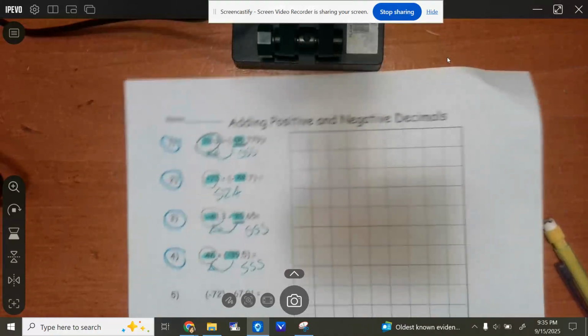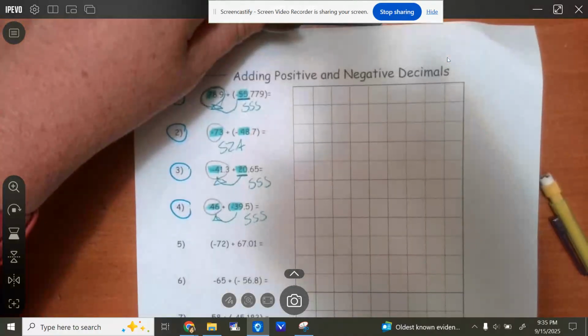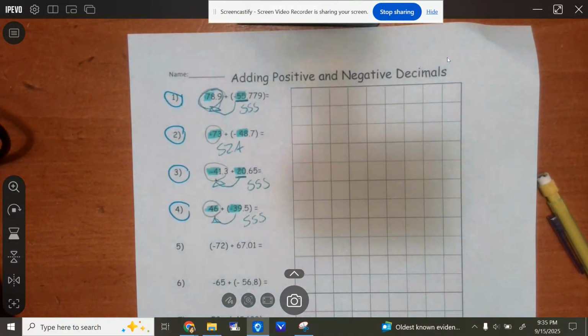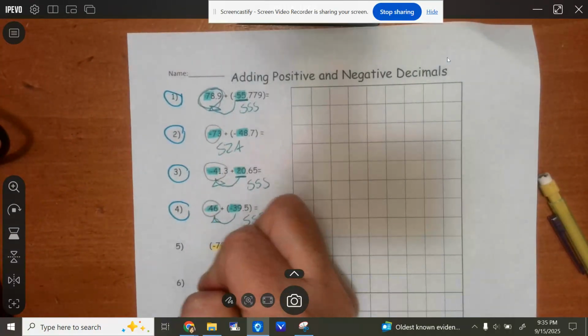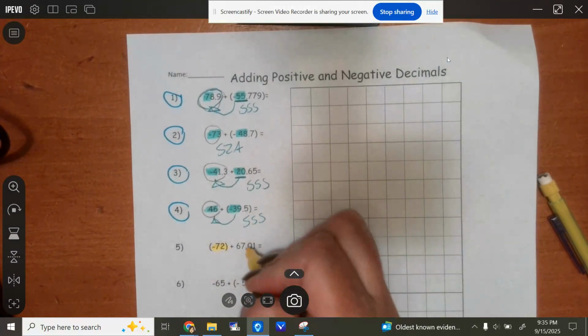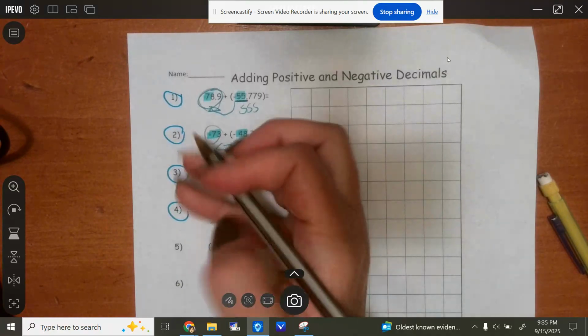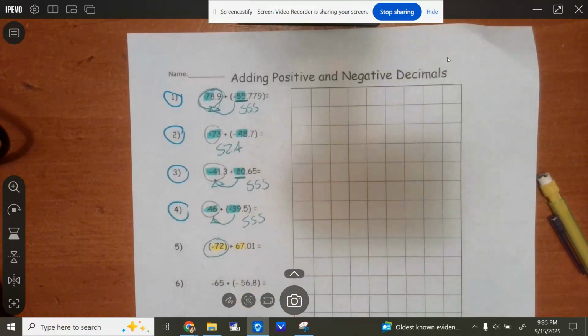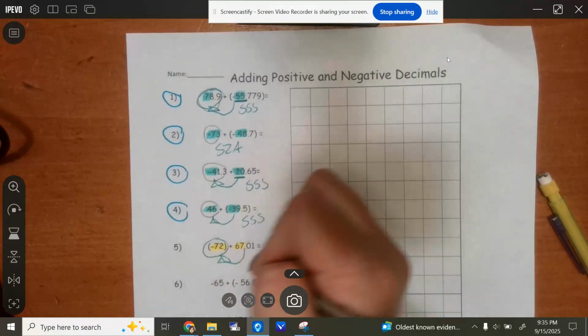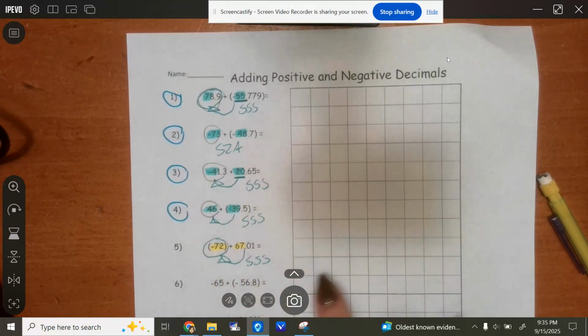On number 5, let me move my camera for you just a tad. This is a whole number. I have a negative 72 and a positive 67. I already know that this is my larger absolute value, and this is going to swing over. So swing, smaller, subtract.